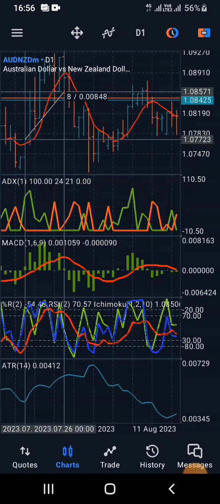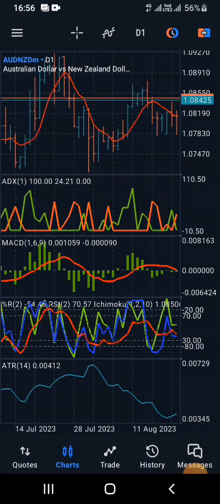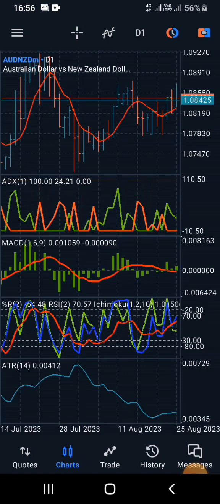It's good. So you see that this particular strategy that I'm showing you is very good because it permits you to enter the market at specific times. That is when all the indicators tell you to go long, you go long. If they say short, you go short.